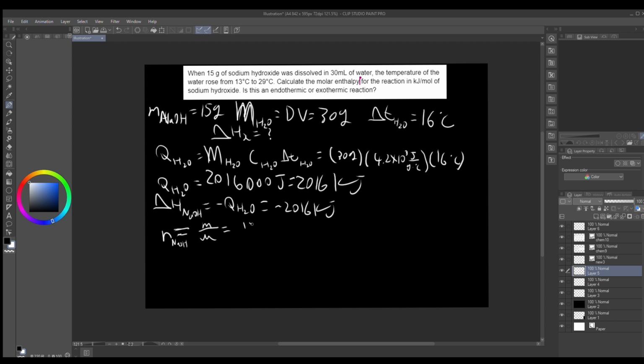So that would be 15 grams over, let's find the molar mass real quick, 22.99 plus 1.01 plus 16. That gives you 40 grams per mole. Then you cancel these out, and you end up getting 0.375 moles.